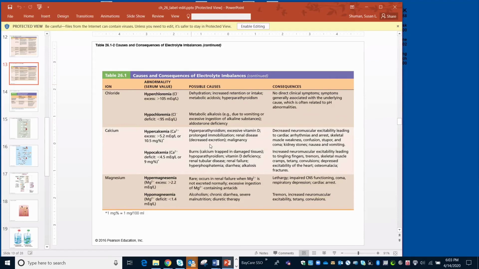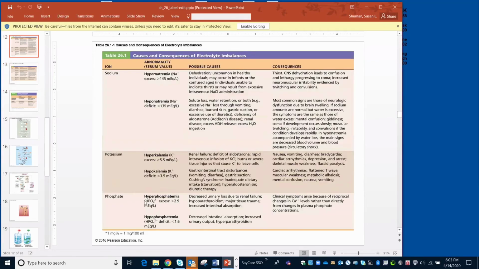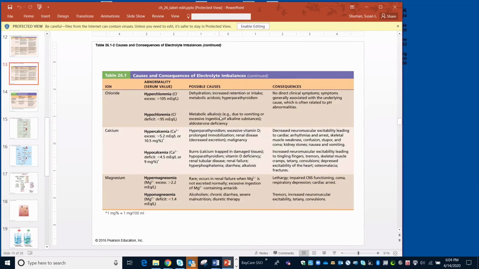The other thing that we have to care about is the regulation of the anions. For chloride regulation, all you want to think about is that wherever sodium goes, they're married. It's a partnership.